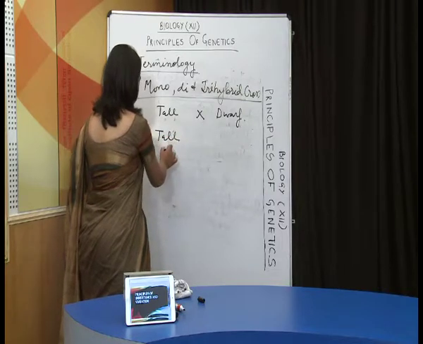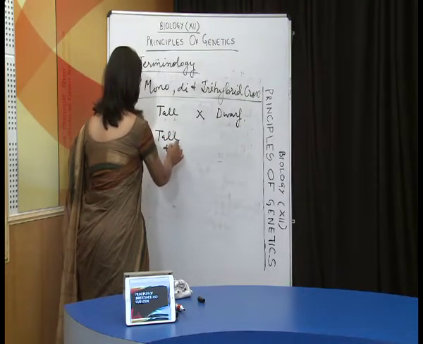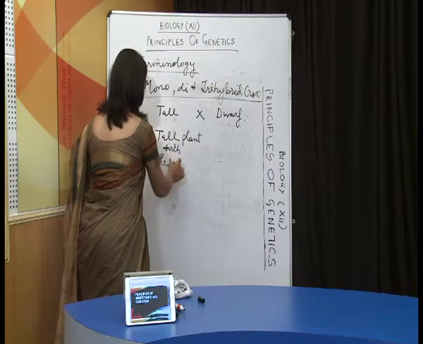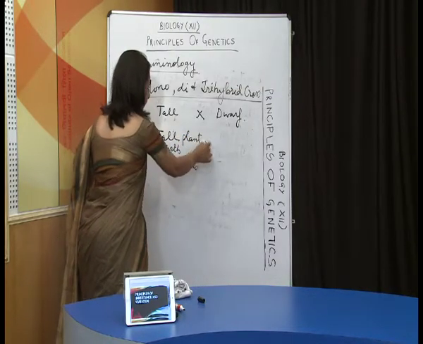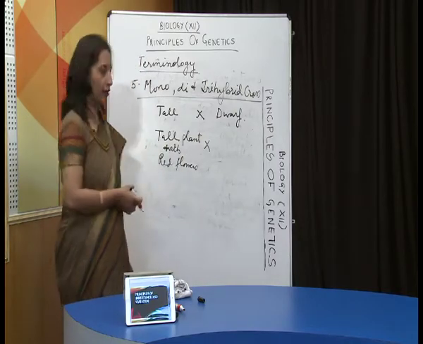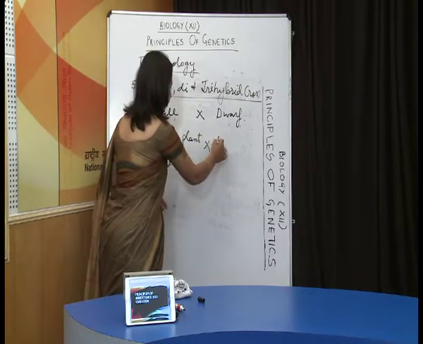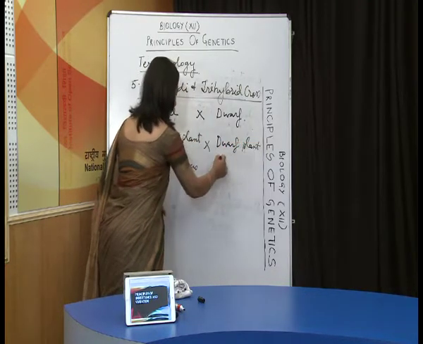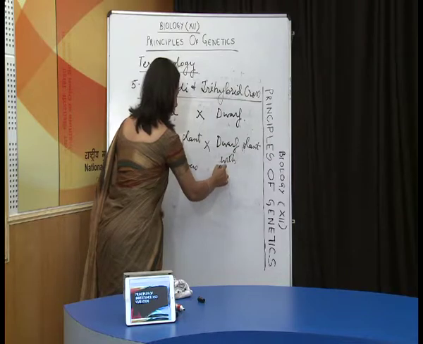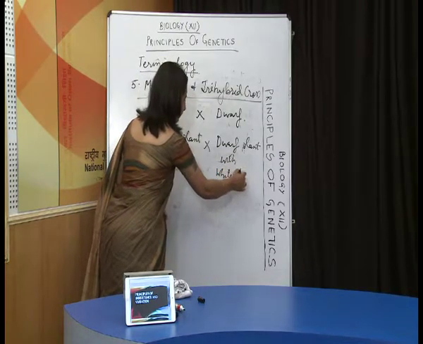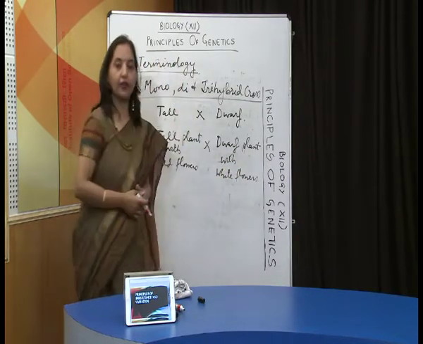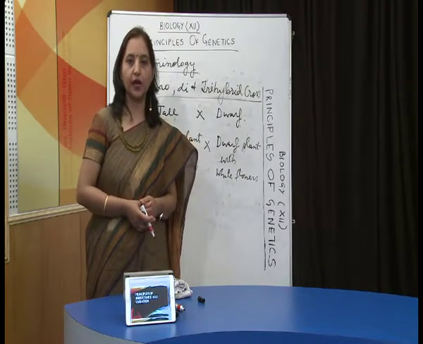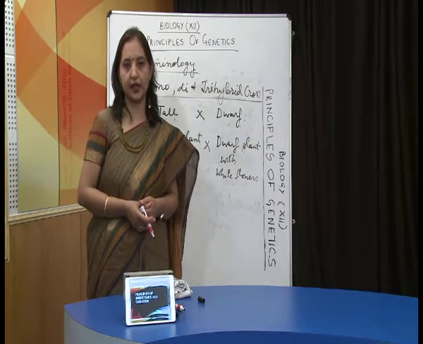A tall plant with red flowers, when crossed with a dwarf plant with white flowers, is called a dihybrid cross, because we are taking two characters at the same time.